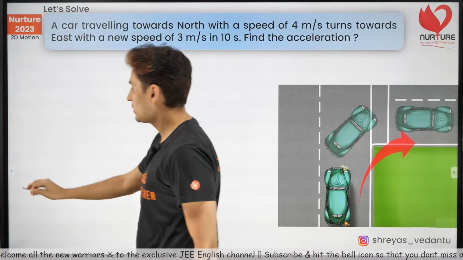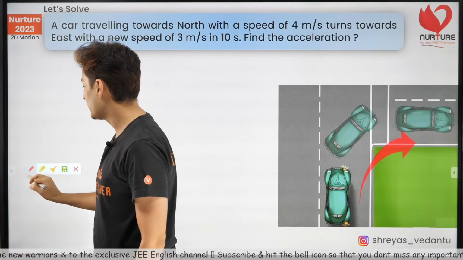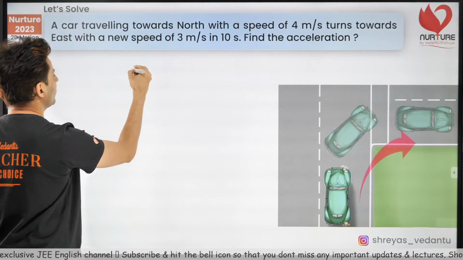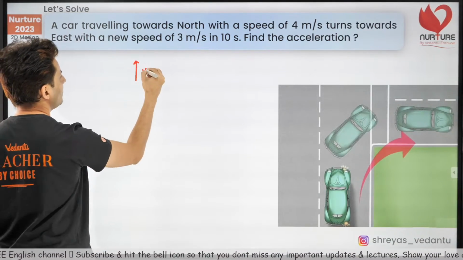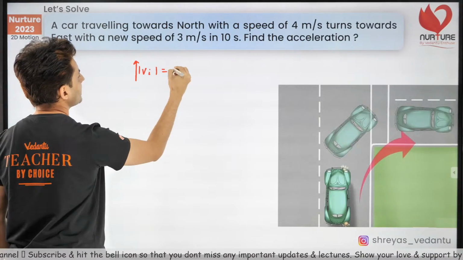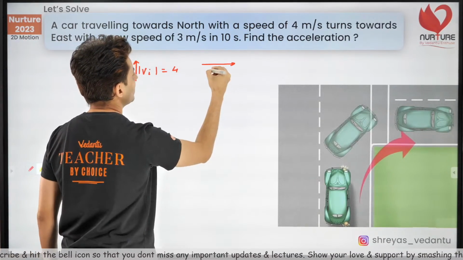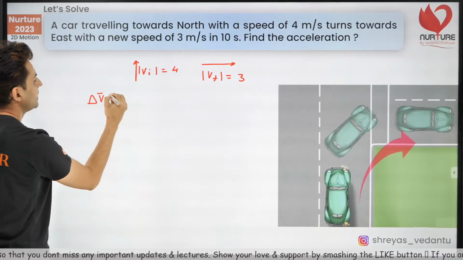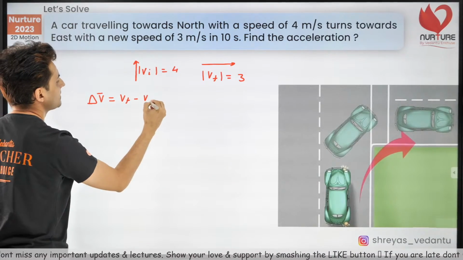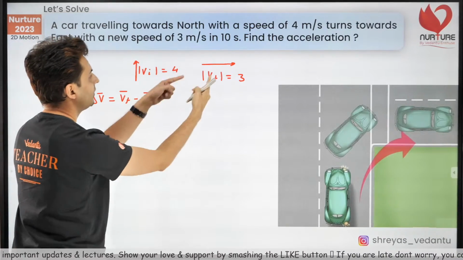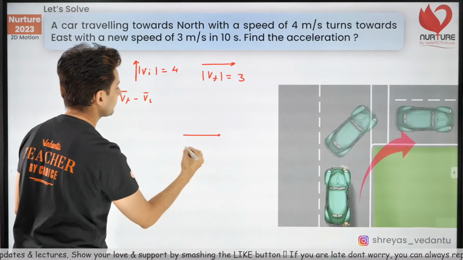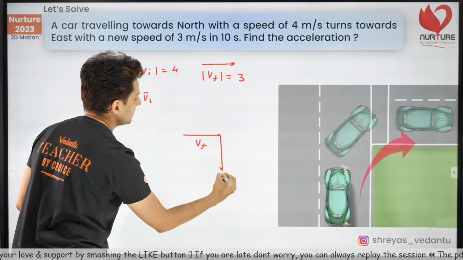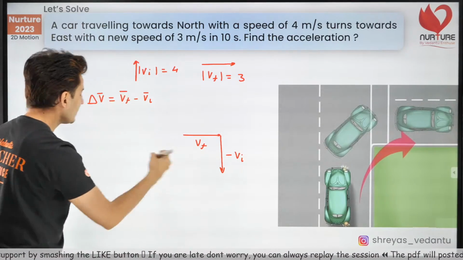There is a second way to solve this problem, and let me show that to you. And that's by geometry, no equations. Well, let's write down the initial velocity. Initial velocity, magnitude wise, is 4. Final velocity is nothing but 3. Change in velocity is nothing but final minus initial velocity. So final is here. Okay, this is final. Minus initial, that means like this. So this is minus initial.